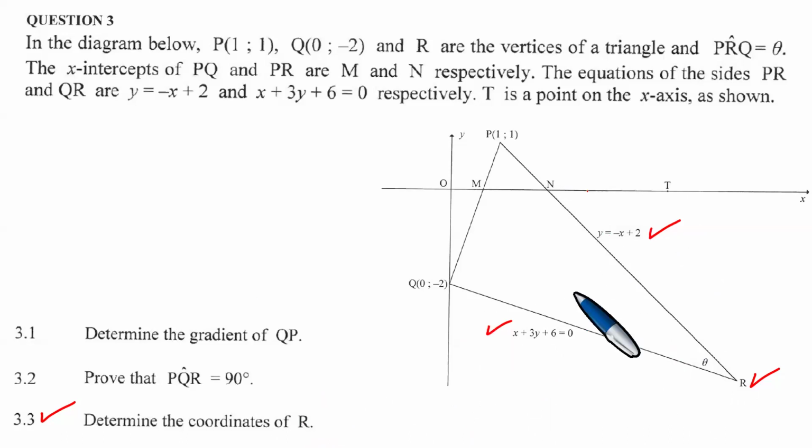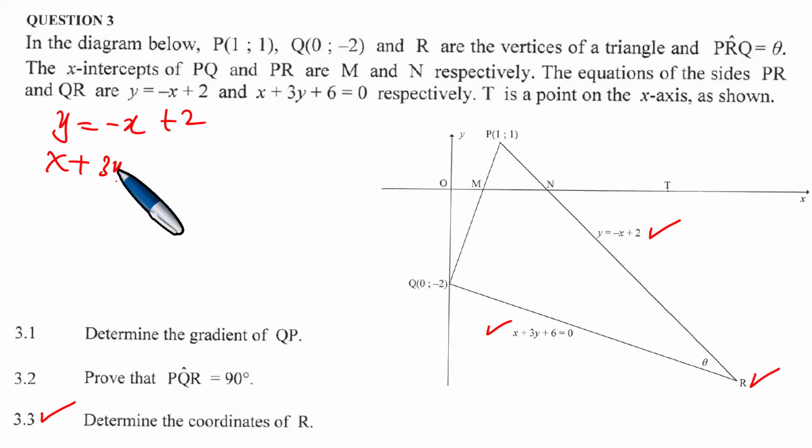Two lines intersect at a point. We know the equations and we can solve them simultaneously. We proceed as follows. We have y equals minus x plus 2 here. Next equation, this one here, is x plus 3y plus 6 equals 0.